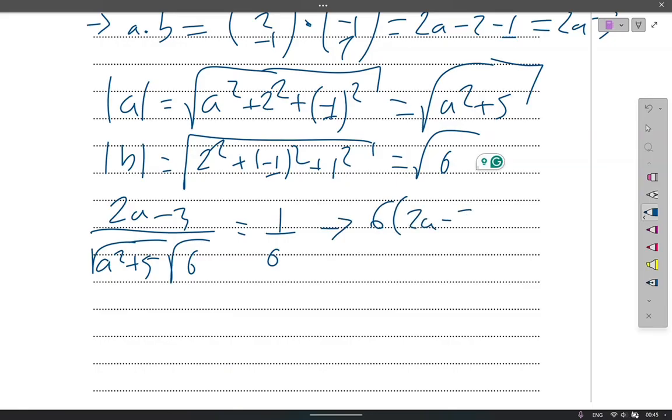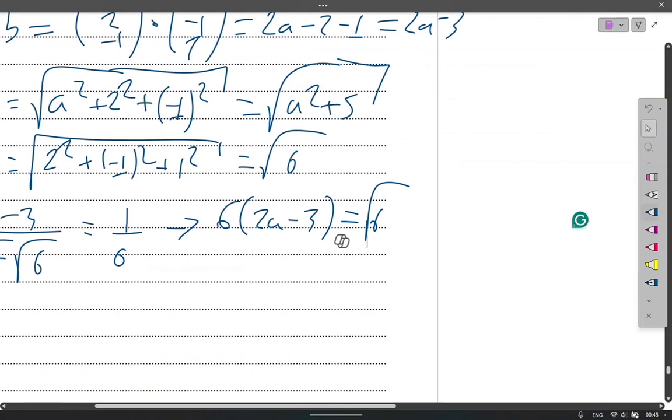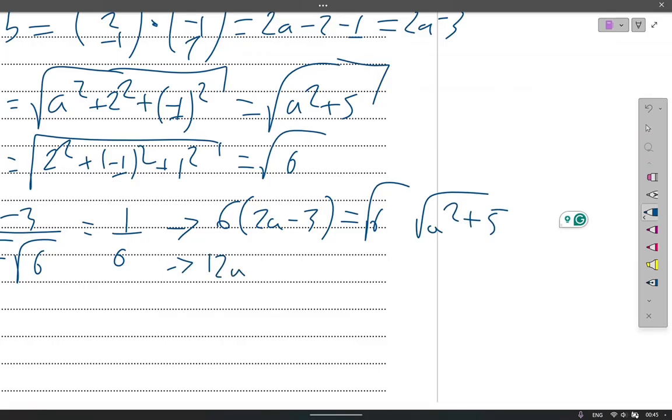And if you cross multiply the equations, we get this. Looks like this. If we take the 6 and combine two square roots, we get this. And when you square both sides, it's just this one.